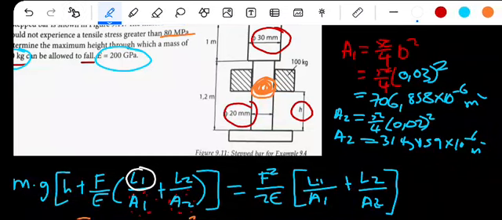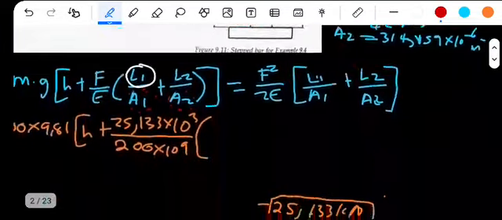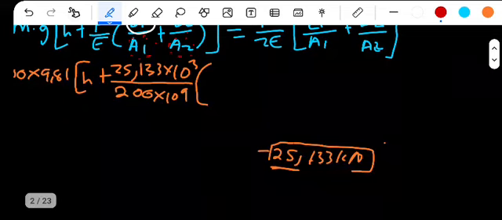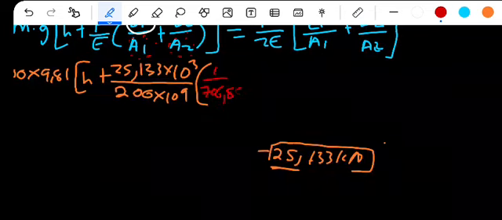The second one is 1.2. So we have 1 meter divided by area 1, which we calculated on the top as 706.858 times 10 to the power of minus 6.